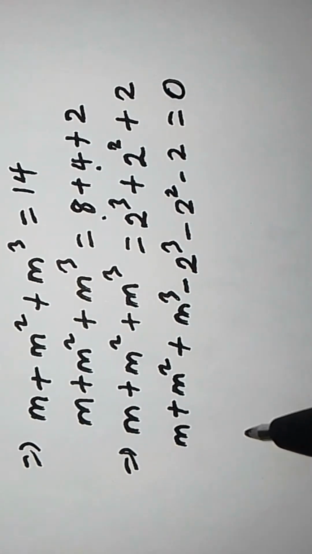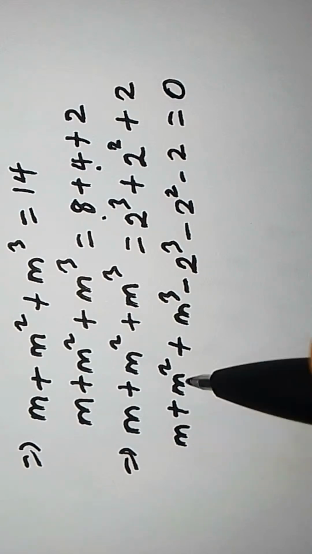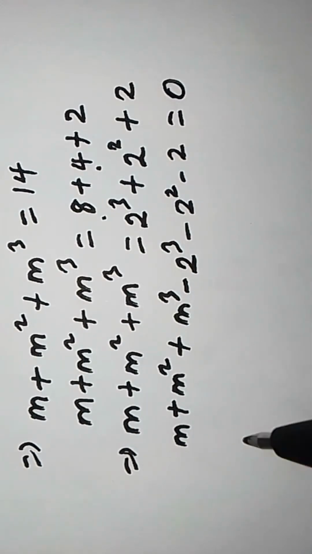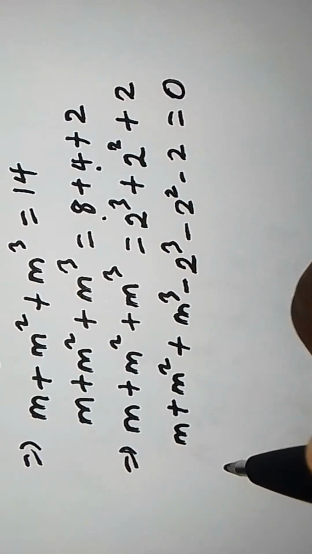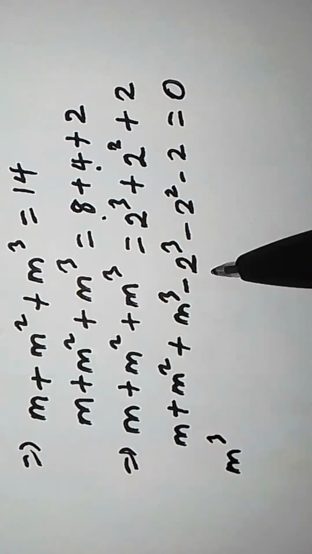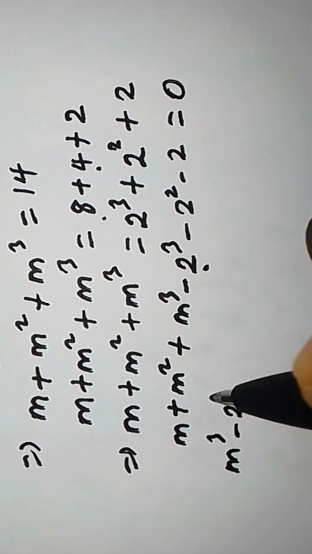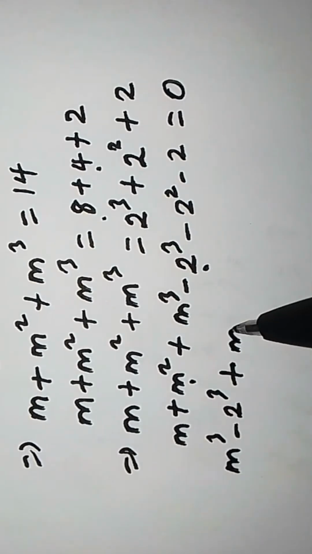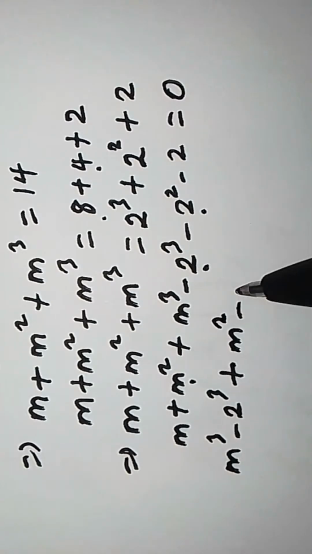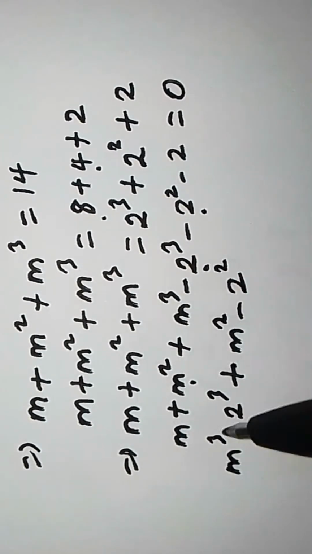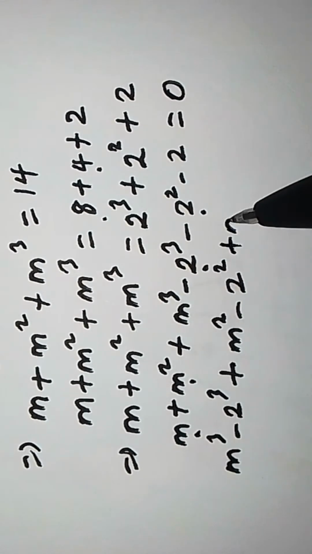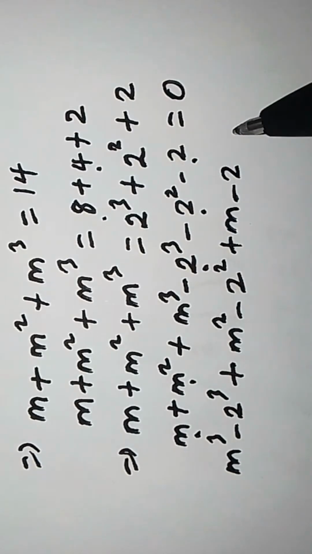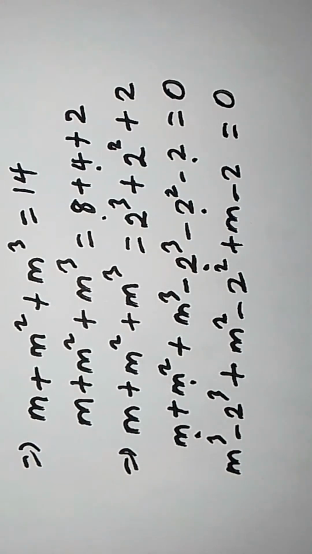Now, let us rearrange this left hand side. We have m cube minus 2 cube plus m square minus 2 square plus m minus 2 equal to 0.